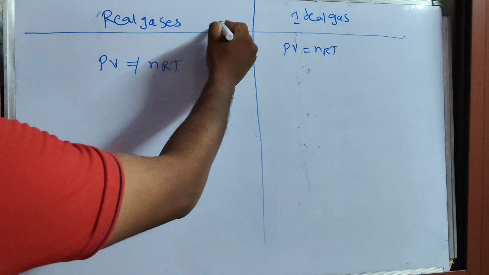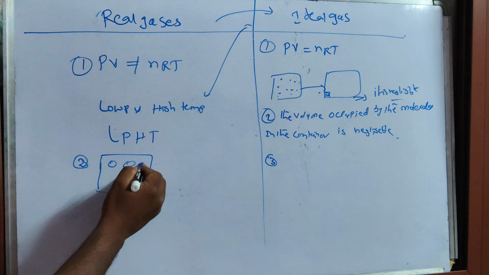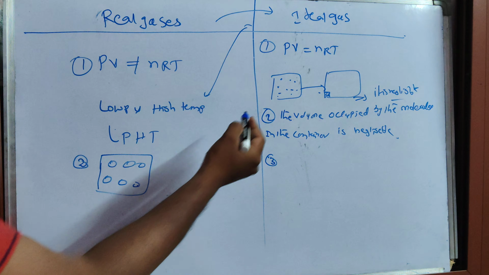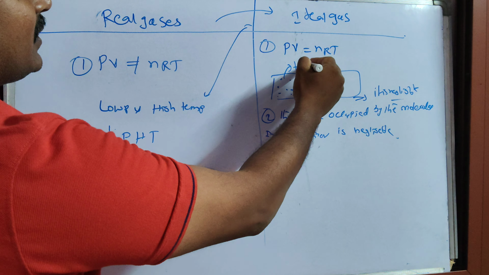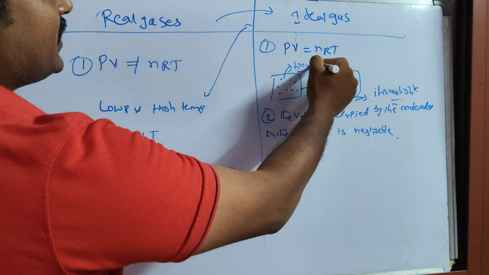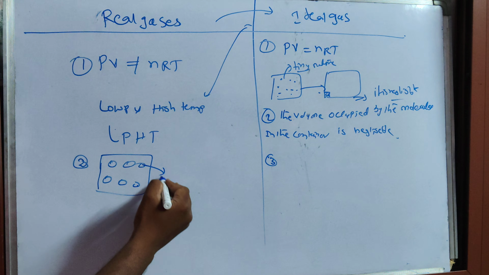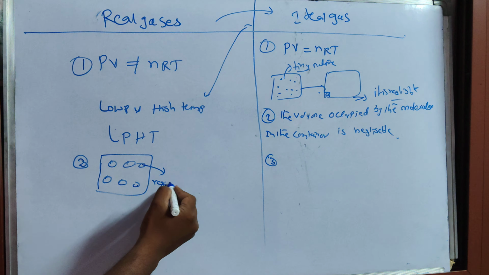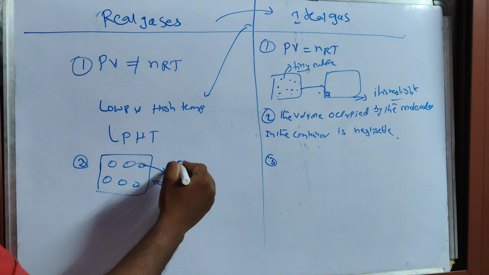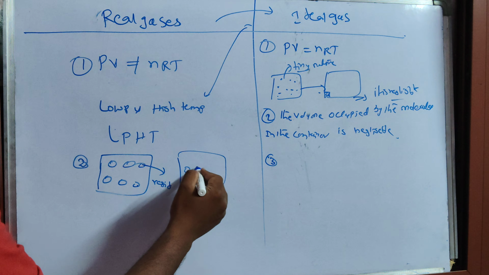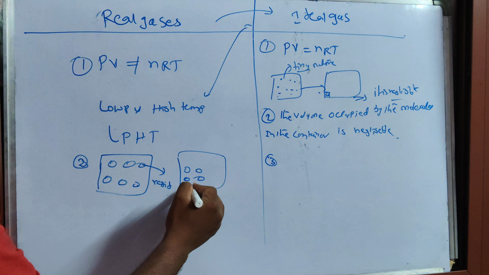But in case of real gas, the molecules are rigid in nature. These are tiny, very small particles, but in real gas they are rigid. The volume occupied by these molecules is more.